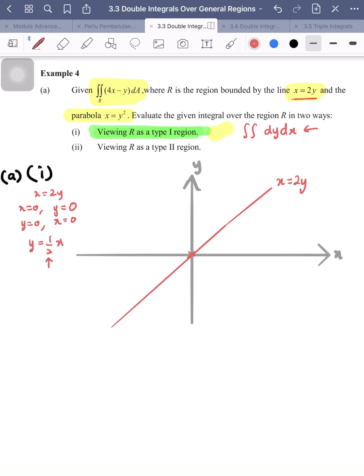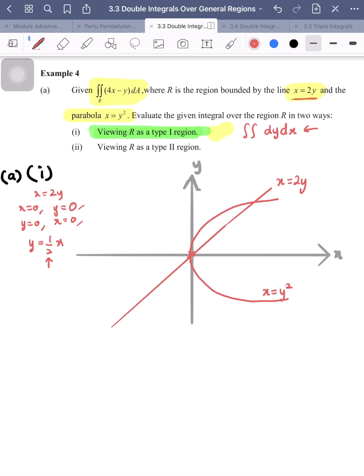For sketching the graph, you can refer to my previous video, part 2, so that you understand what I say in this video. Okay, next, you sketch x equal to y squared. I label it x equal to y squared.